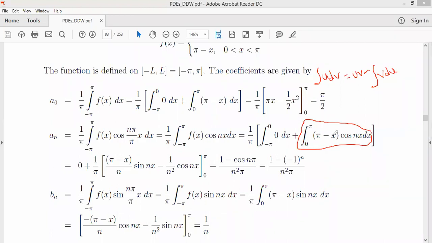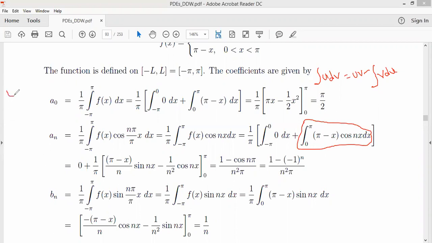Really make sure that every time you differentiate, you don't end up increasing x, because there you will be complicating things. Since x can be reduced to a 1 when you differentiate, common sense suggests that you let pi minus x be u.